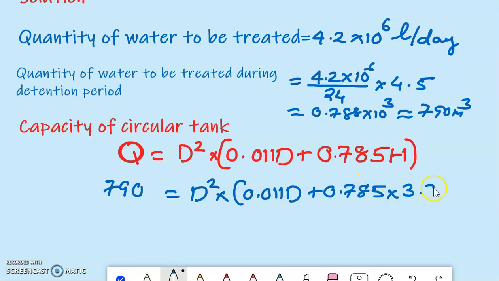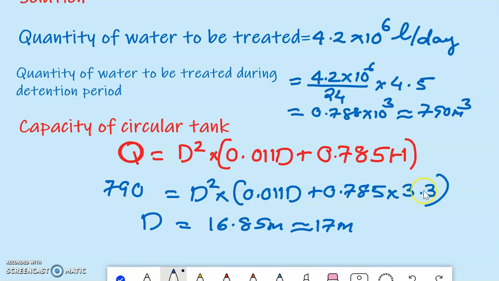So let us take it as such, 3.3. Okay. Now solve it so that you will get D is equal to 16.85 meter, or I can round it off as 17 meter. So you got the diameter of the circular tank as 17 meter and depth of water tank as 3.3 meter.